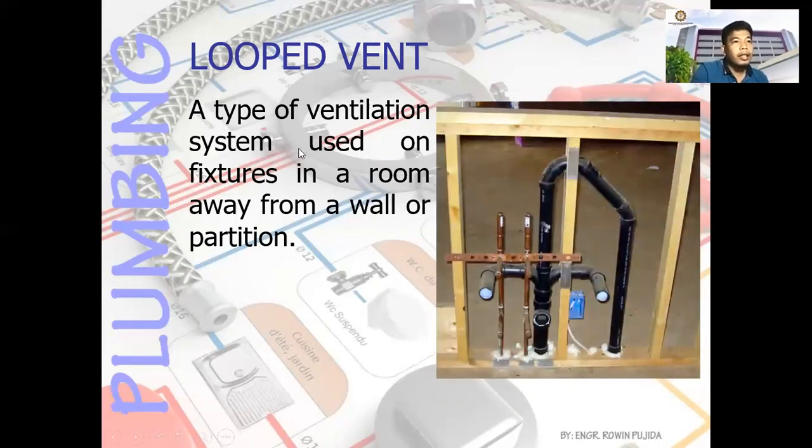Another definition or use of loop vent is a type of ventilation system used on fixtures in a room away from a wall or partition.